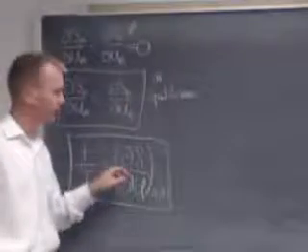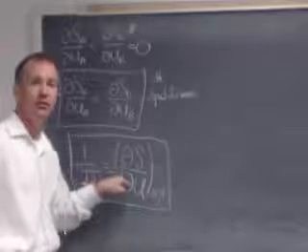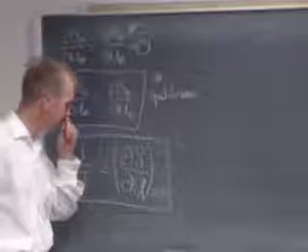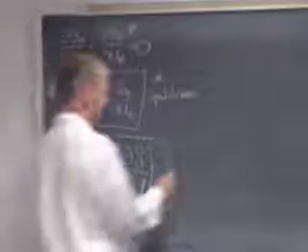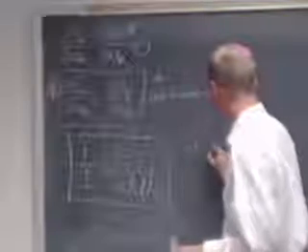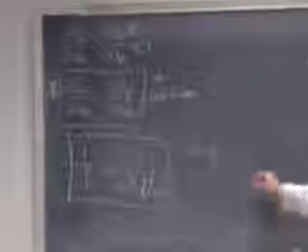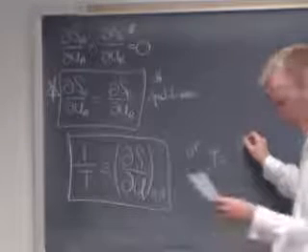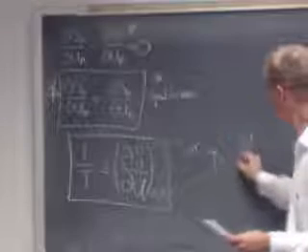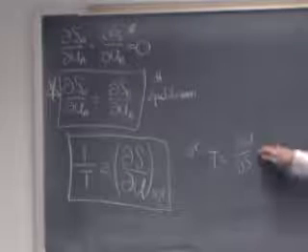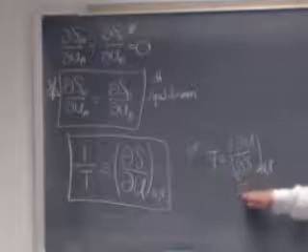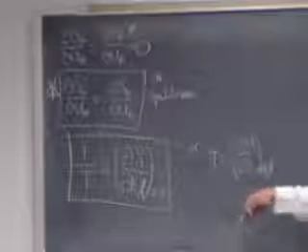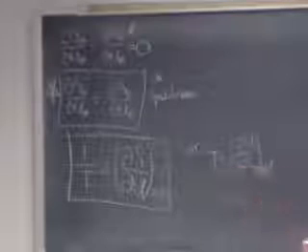This is the ratio of small change in S divided by small change in U. That means that if I cross multiply, that would be the same as temperature equal to dU divided by dS, the partial derivative of U with respect to S when number and volume are held constant. Mathematically, isn't this the same thing? Yes, assuming you're not dividing by 0, which in practice we will not do.